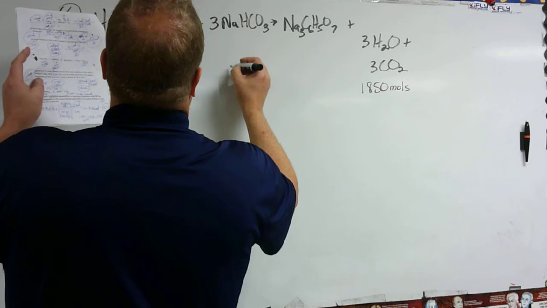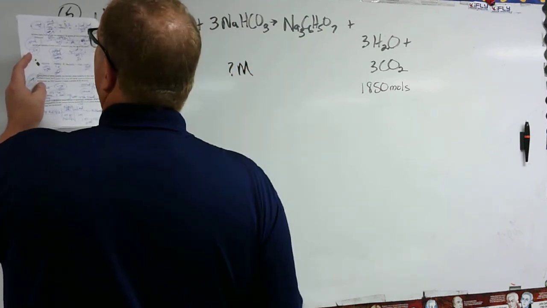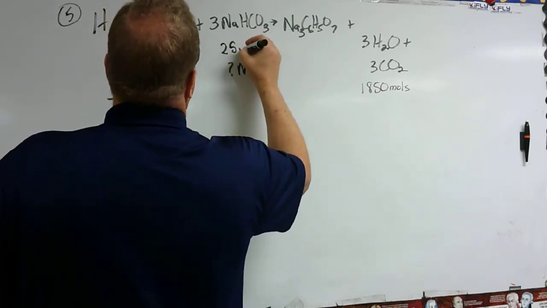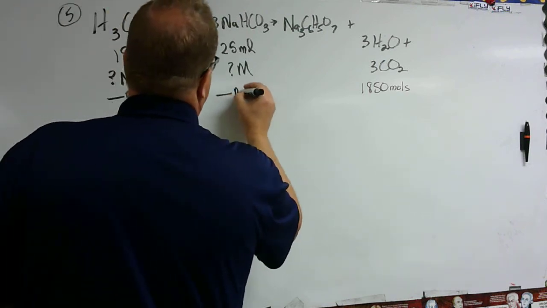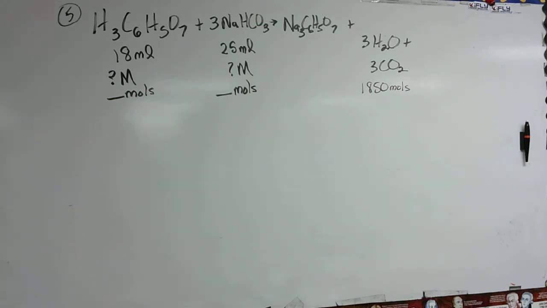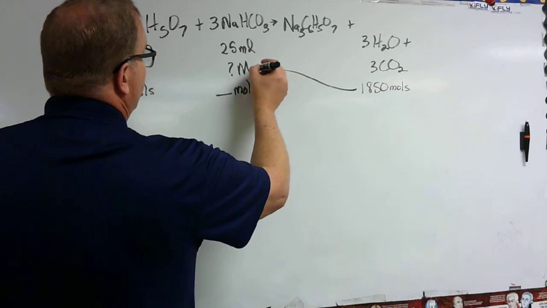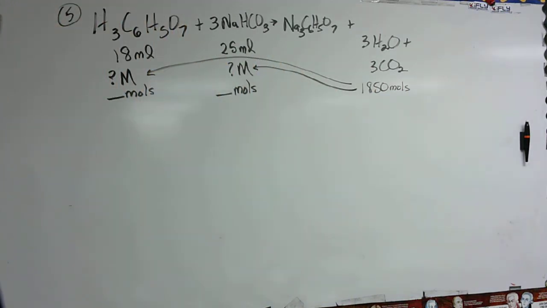And then what is the molarity of sodium bicarbonate? Okay, so we're going to go, what is the molarity of sodium bicarbonate if I have a volume of 25 milliliters? And so we're going to have to also figure out the number of moles. So now we are going from here over to here, and from here over to here.